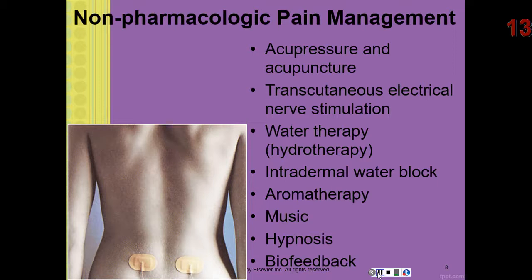You can actually buy these at Target now. It's electrical impulses that can interfere or stimulate. It really works toward that gate theory of pain relief. It can interfere with the fetal monitor, especially if you have an internal fetal monitor on. So sometimes it doesn't work as well.